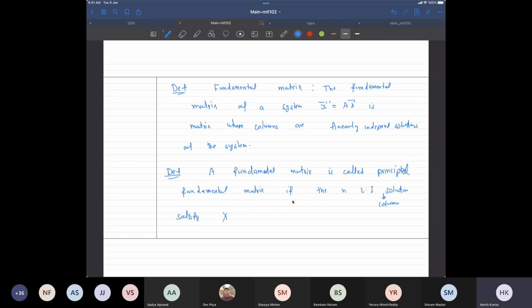If X is this fundamental matrix, let's call it X only, then at 0, X(0) is the identity, where I is the identity matrix.